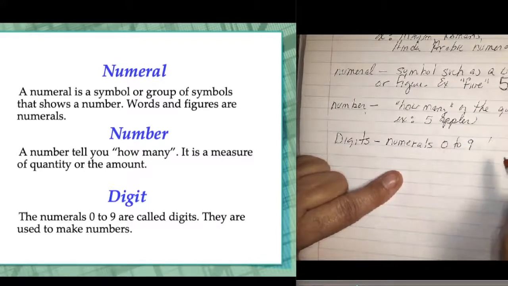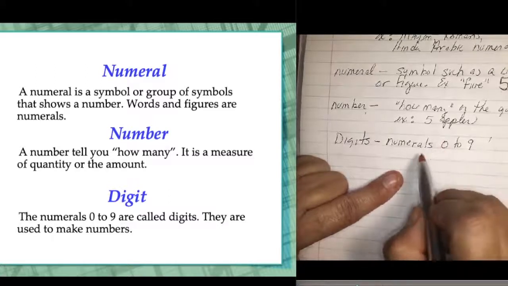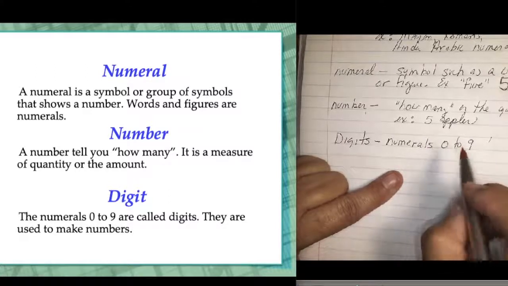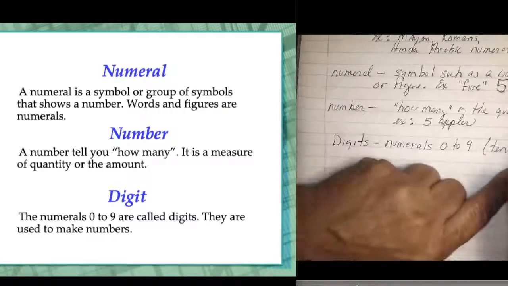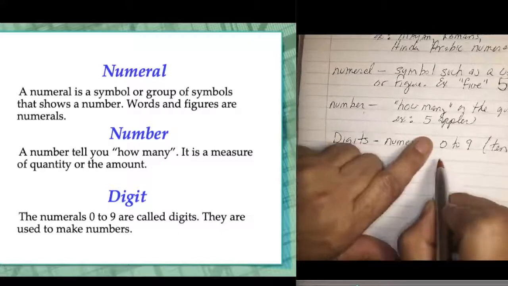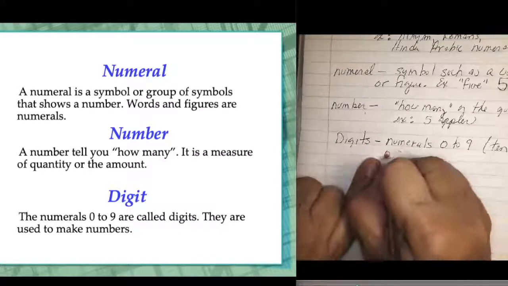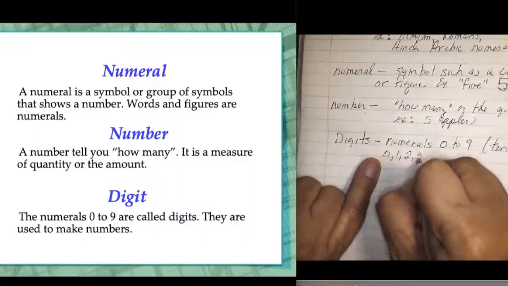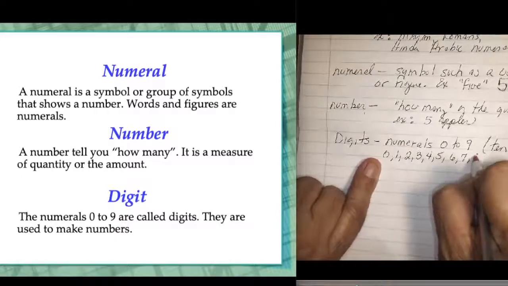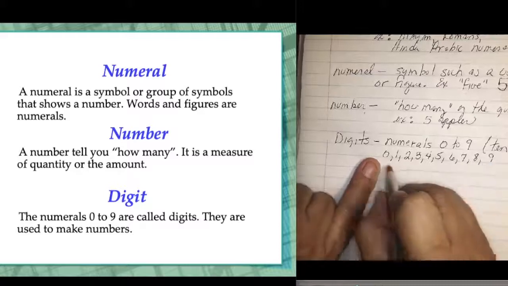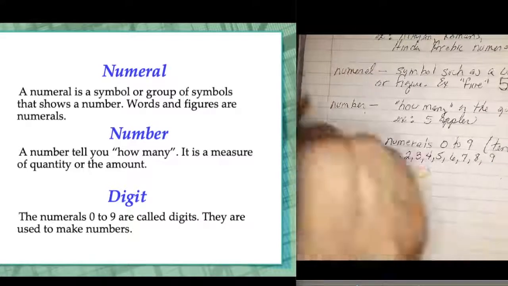Like 21, 12, and so on. So all our numbers are composed of these 10 digits. Let's write that down: 10 digits. Remember, we're counting the 0. So it is 0, 1, 2, 3, 4, 5, 6, 7, 8, and 9. That makes a total of 10.